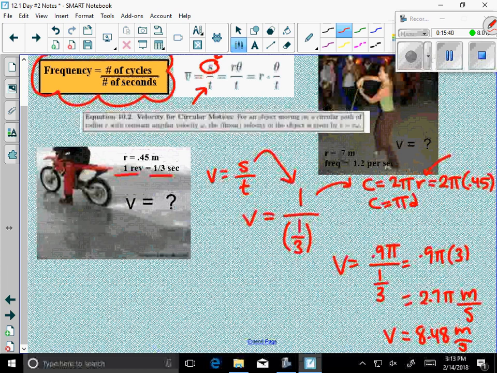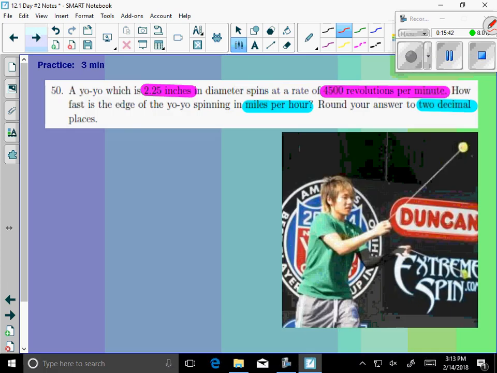Let's do an example here with what you call in science class, where you're changing units, converting, dimensional analysis. Is that what you call it? Yeah. Okay. So let's take first this. 2.25 is the diameter, right?